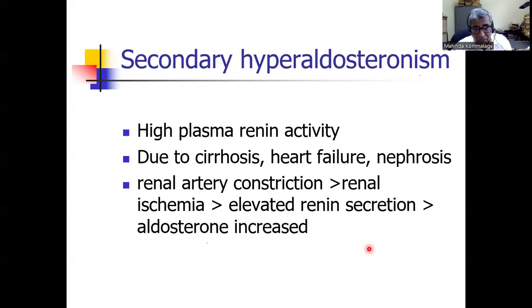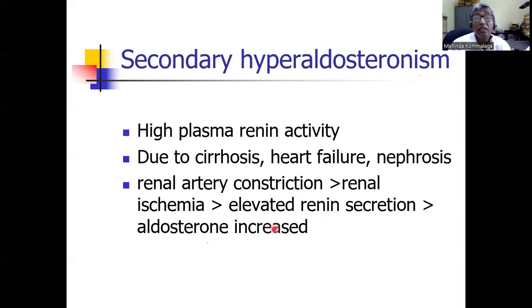If our renin secretion increases, the renin-angiotensin mechanism activates and we get more angiotensin 2, which acts on the adrenal cortex, and aldosterone secretion increases. That is what we call secondary hyperaldosteronism. That is due to a secondary cause, not purely an aldosterone production increase, but aldosterone production increase due to some other reasons.